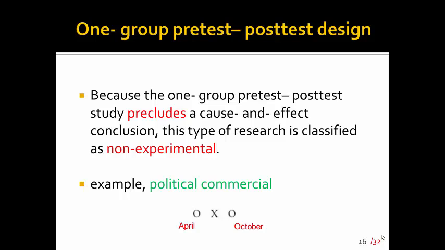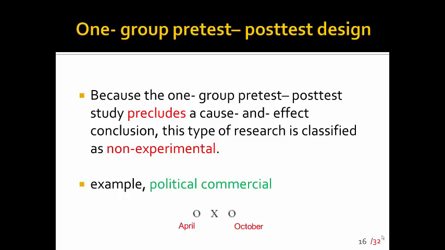If you are making a political commercial for a candidate, like a presidential candidate, and you measure the candidate's popularity in April, and then you broadcast your political commercial for 2 months in June and July, and then you measure his popularity in October, and you see a significant difference.